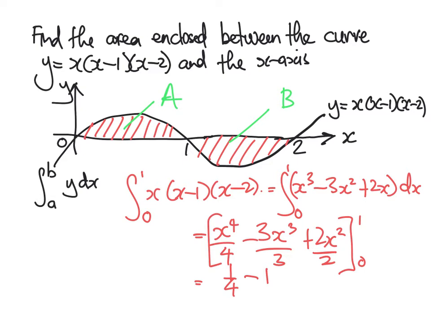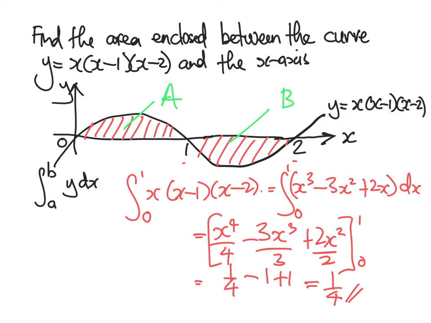And 2 over 2 is gone, gives us just 1, so you sub another 1 there, so you get plus 1. So we can see that this will give us a quarter minus 1 plus 1, which is just a quarter, or 1 over 4.